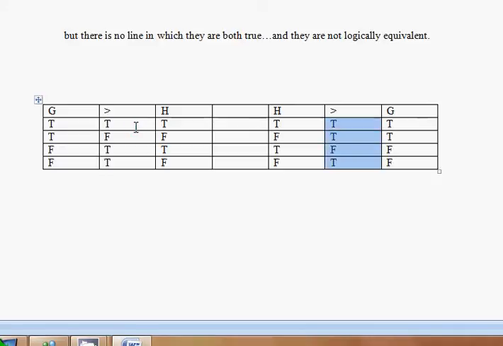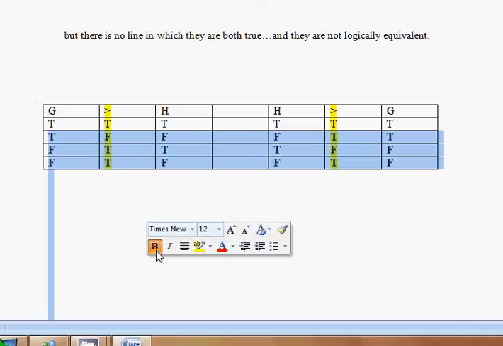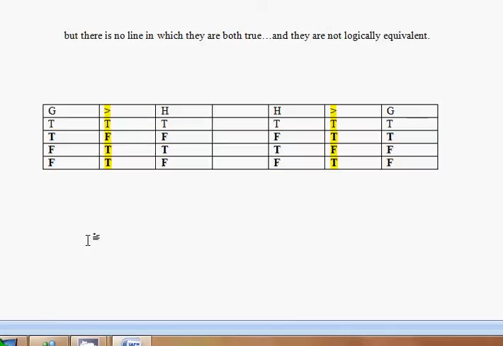So in this case, we highlight this, and we highlight this one, and we then say, well, they're both true on one line, but they're not the same on the other lines, which means they're not logically equivalent, but they're not contradictory, and they're at least true across on one line, so we would label this consistent.